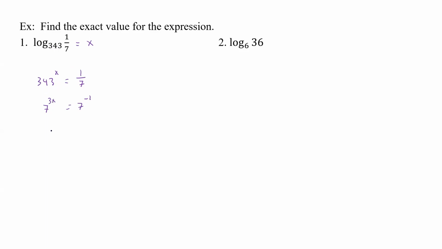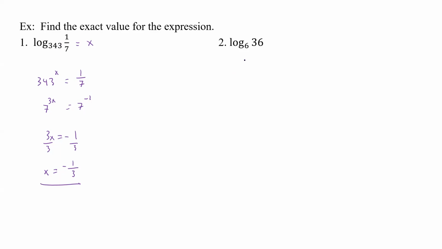Now we can set those equal. 3x equals negative 1, divide by 3, x equals negative 1/3. So we've just solved this logarithm using the exponential way, like we did in the first section. We got to the same base, set the exponents equal, and solved for x.